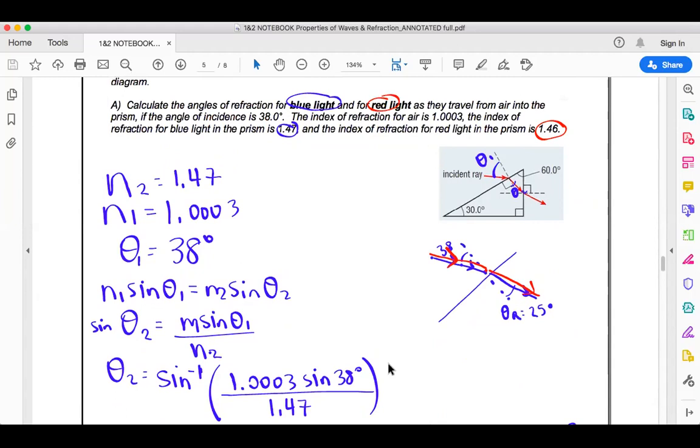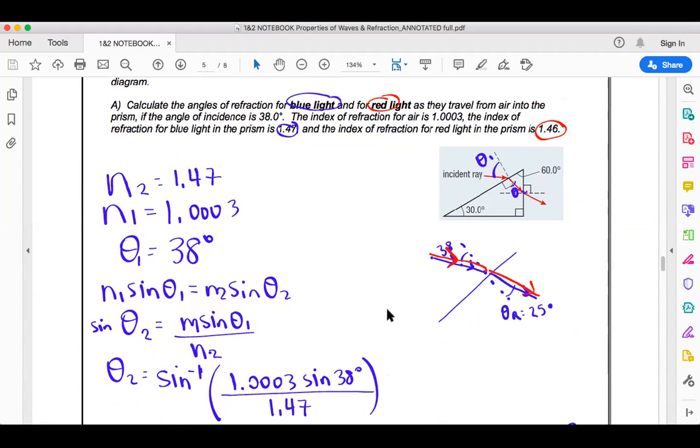Draw a diagram with a ruler really neatly, ideally also with a protractor. First, we're going to talk about this refraction at the boundary between air and glass. We have everything except for the angle in glass.